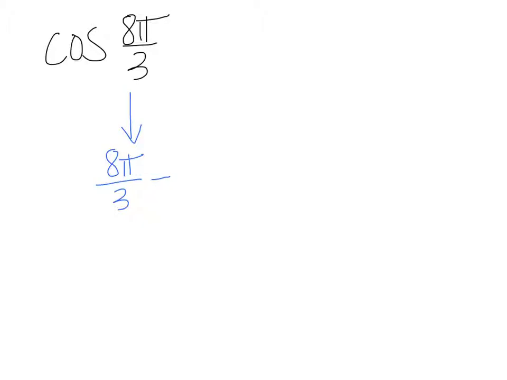It's got to be something over 3, and it needs to equal 2 pi. 6 pi over 3. 6 divided by 3 is 2, so 6 pi over 3 is equal to 2 pi. 8 pi over 3 minus 6 pi over 3 gives us what? 2 pi over 3. Is that on our unit circle? Yeah.